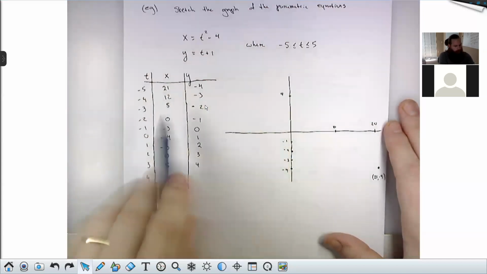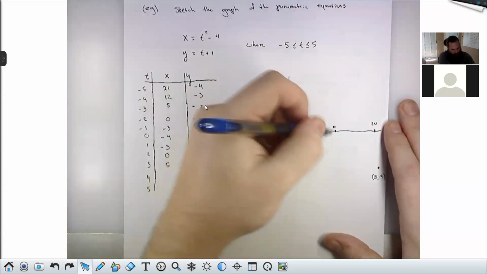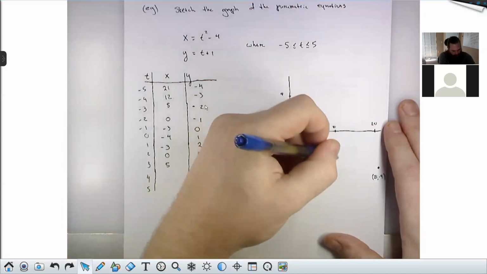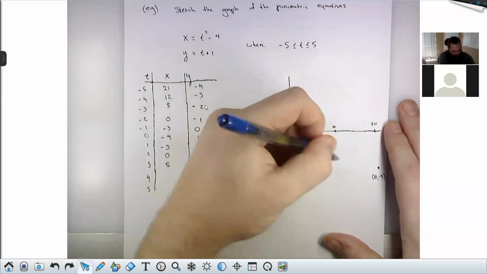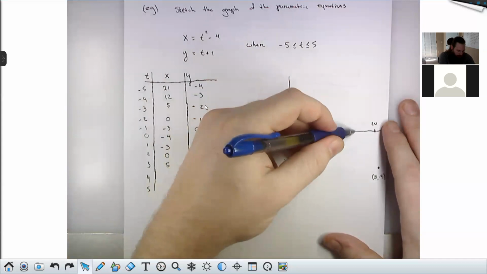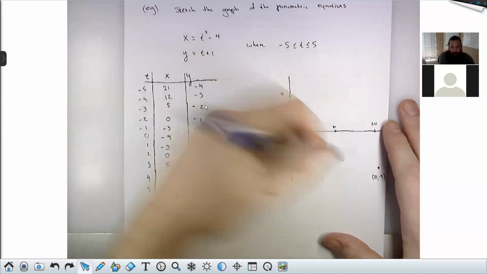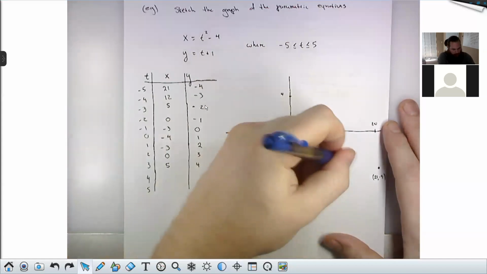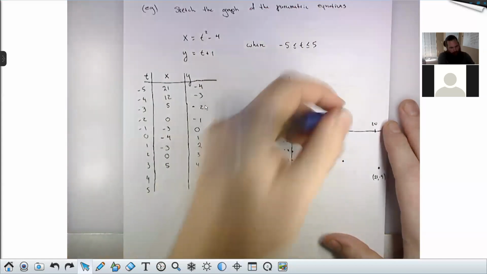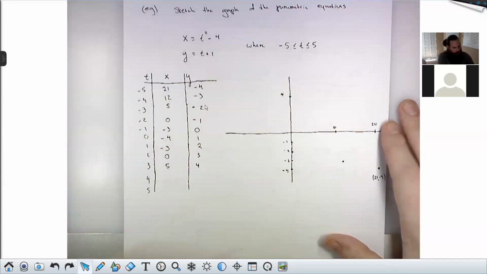So 12 comma negative 3 should be a little bit to the right of 10, and down here. So say 10, 15, 12 should be like here. Something like that. Yeah, that looks about right. So this guy is 12 comma negative 3.